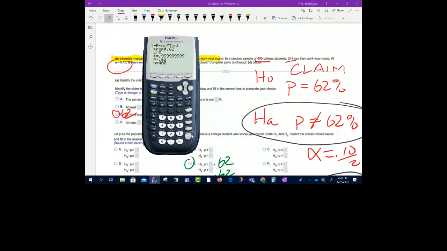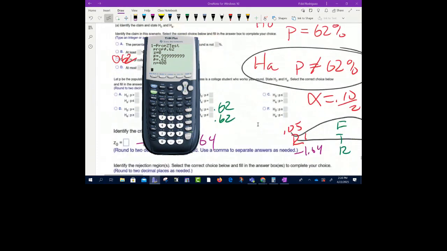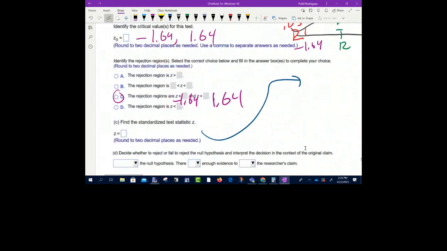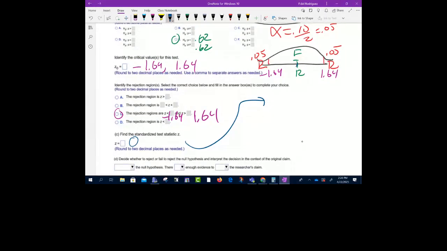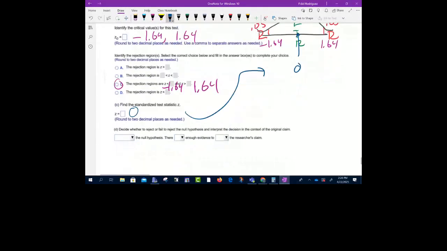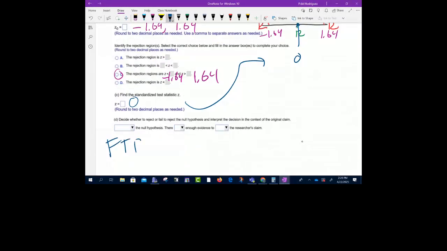For my z-score, I got a 0. In case you're wondering where that is, that's the number right in the middle. So it looks like we failed to reject, right? So right here, I'm going to say we fail to reject.